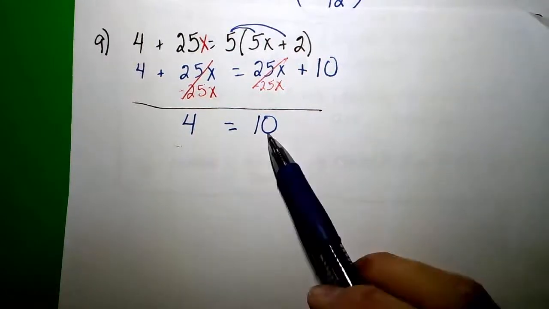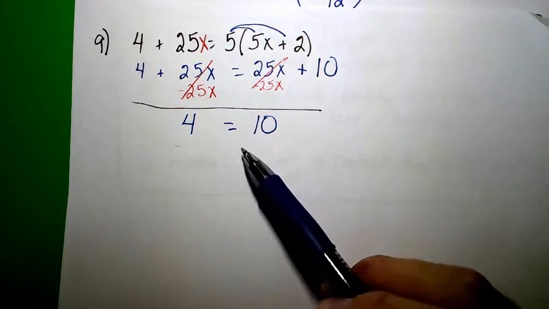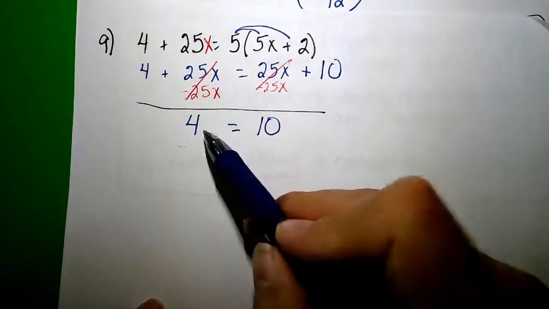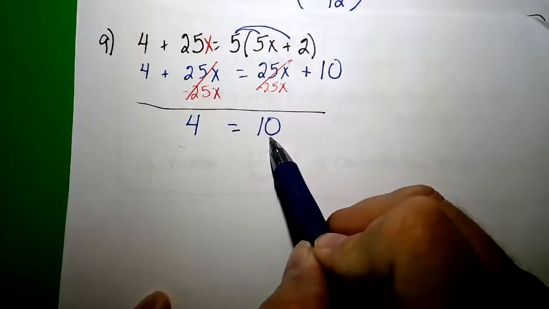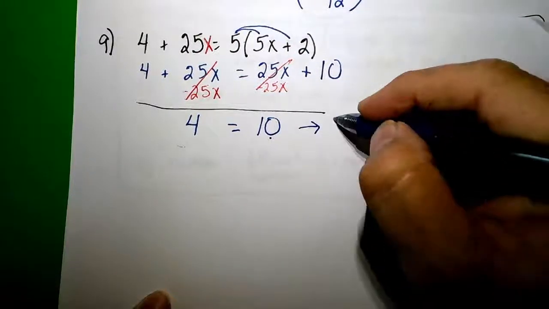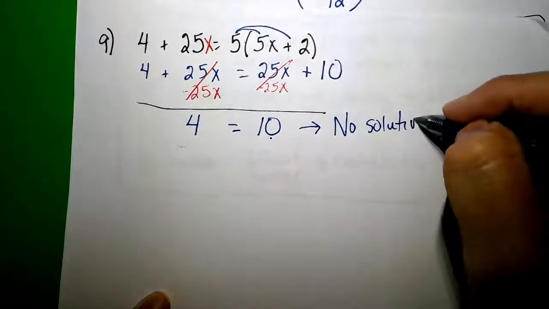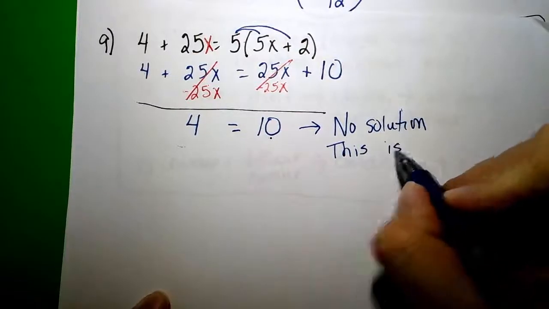Does 4 equal 10? Well, no. $4 is not the same thing as $10. So if you think like this, okay, we have a solution whenever 4 equals 10. Well, 4 never equals 10. So your answer would be no solution. This is a contradiction.